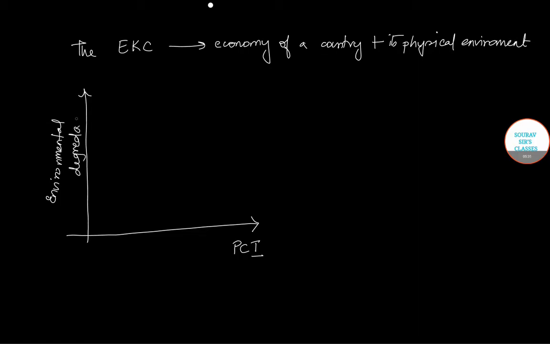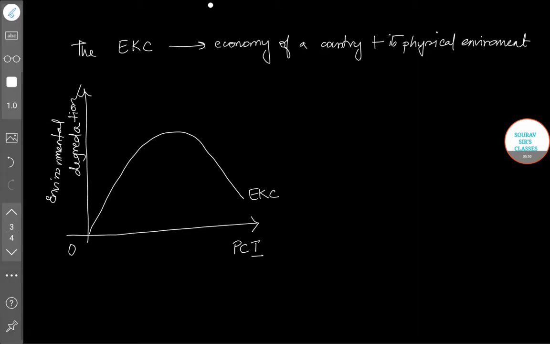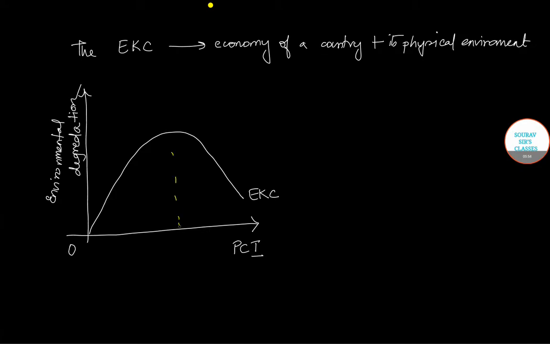This is a very new concept, because everyone is familiar with the Kuznets curve, but very few people talk about this, and that is the reason we are discussing it here. Say the curve takes the shape something like this. So this is your environmental Kuznets curve, and let me do the marking using a different ink, and say this marks the turning point.